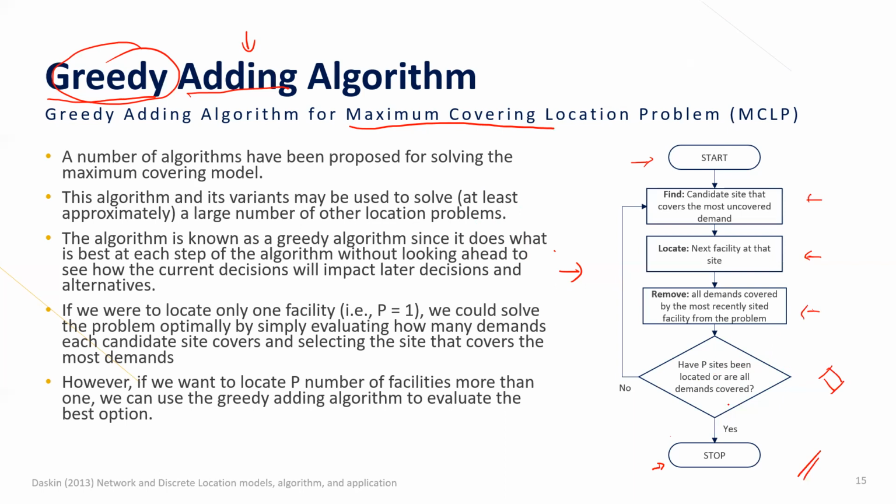When you have this symbol, you will get branches. For example, here you have this symbol. If the statement inside this symbol says yes, you will go here. If no, you will go in the other direction.